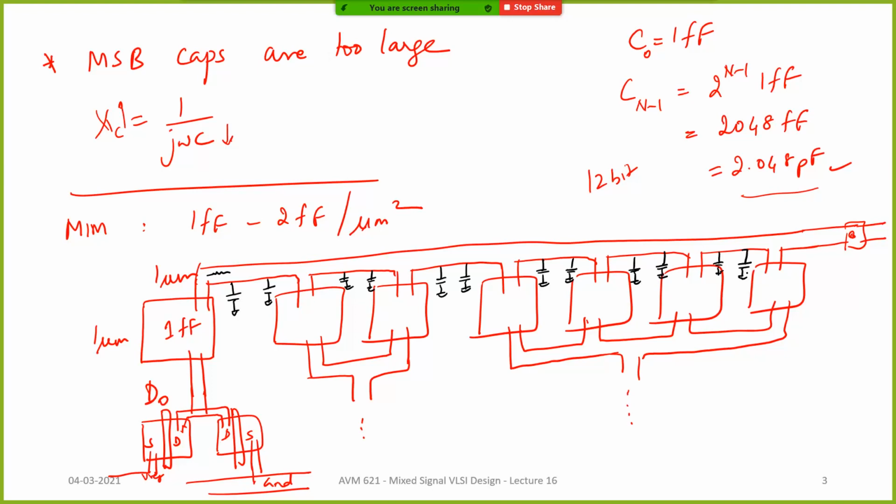Now the parasitic capacitance on this signal line, this V out line itself, will be quite significant. So a 1 femtofarad capacitance either getting connected to Vref or ground will hardly make any difference in your output voltage.